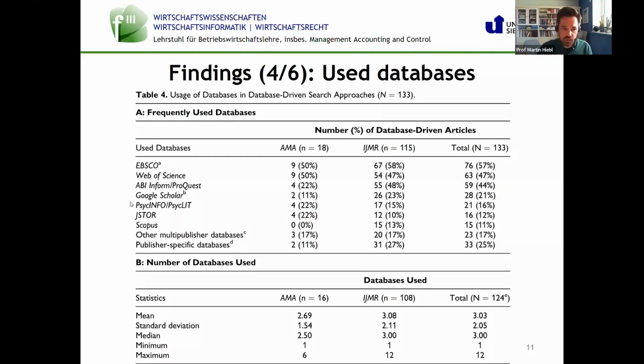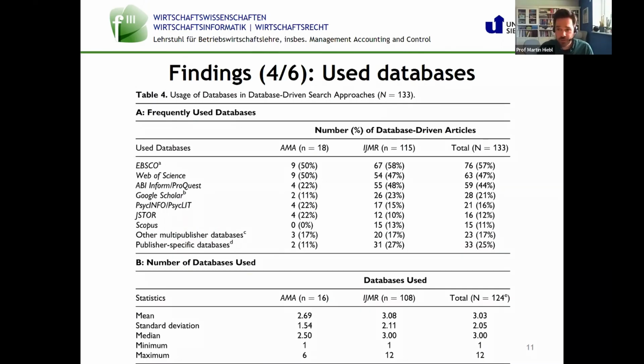So these include journals from several publishers, whereas some papers in my sample also drew on publisher-specific databases, such as ScienceDirect, which only includes, of course, articles published by Elsevier. So it's not like any 3 databases would do, but if you ask me which databases to choose, I'd probably go for these multi-publisher databases because they have a larger coverage.